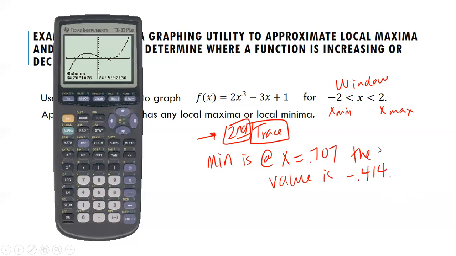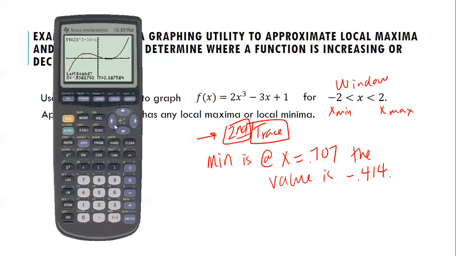Okay, and then guess what? We're going to repeat the same thing, but this time we're going to do the maximum, right? So you're going to do the maximum. So I'm going to press clear. I'm going to repeat second trace, and I'm going to go to the maximum. I'm going to click maximum. My maximum is on the left side of my graph. So I'm going to move my spider to the left side of my graph.